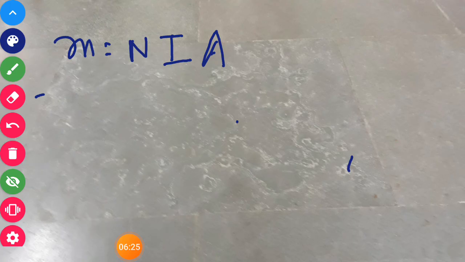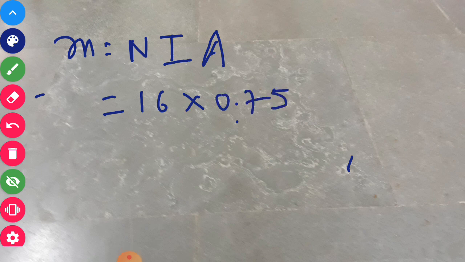So magnetic moment is equal to NIA. All the values you can substitute here. N is 16, current is 0.75 and area is pi r square. Now we just have to place all these values.